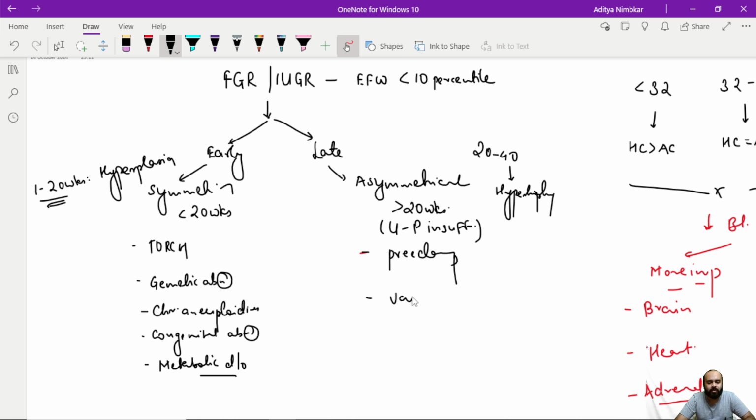Any vascular disorder, vasculitis also comes in that, vascular disorders, vasculopathies, diabetic vasculopathy, APLA syndrome. So these are all the main reasons why asymmetrical IUGR will happen. Basically there is going to be a reduction in the blood supply to the fetus. Here I have also taken diabetes mellitus into consideration. So this is your basic definition of fetal growth restriction.